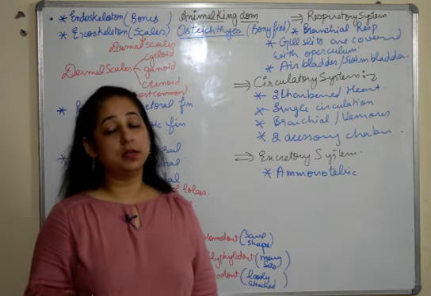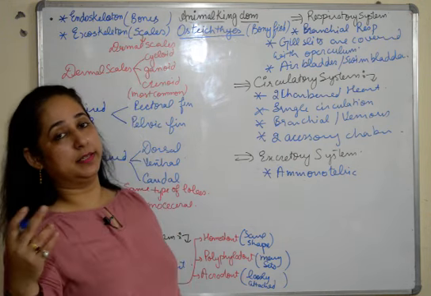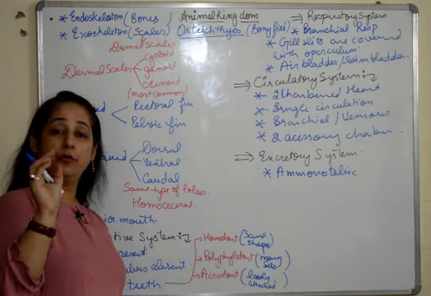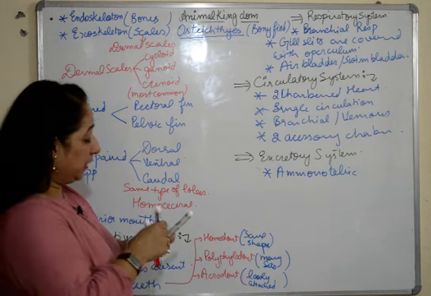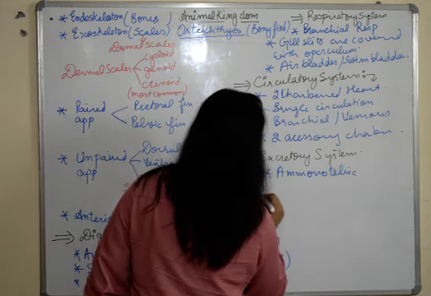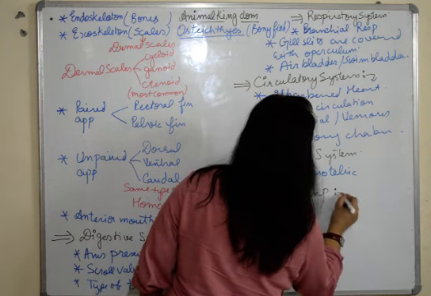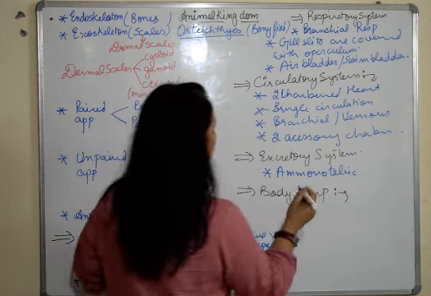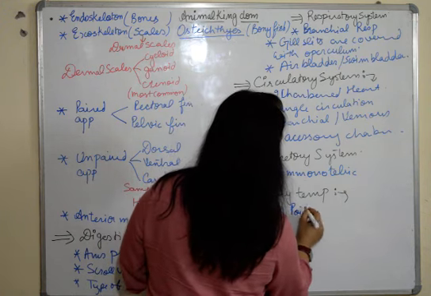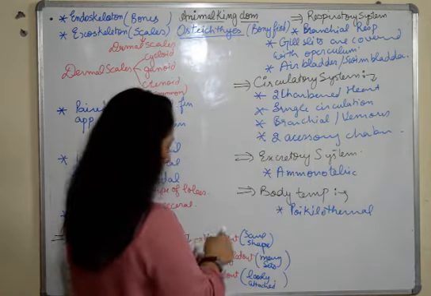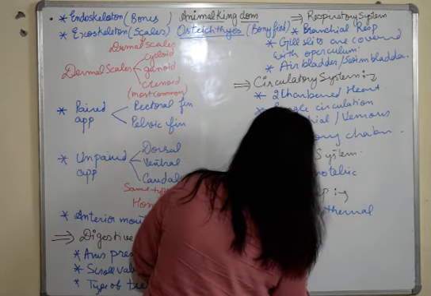Because they live in water, so it can be easily excreted out, as excretion of ammonia requires a lot of water. The body temperature: they are poikilothermal. That means they are cold blooded.